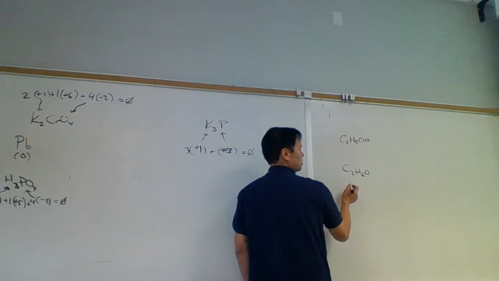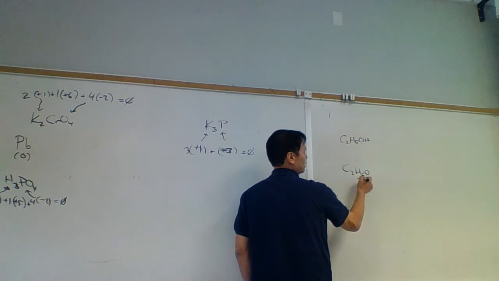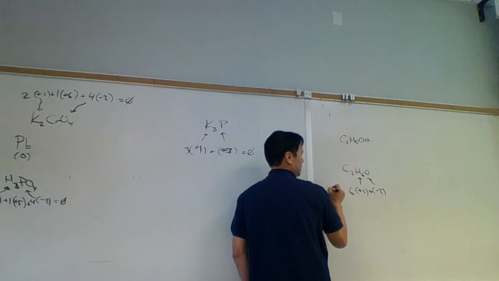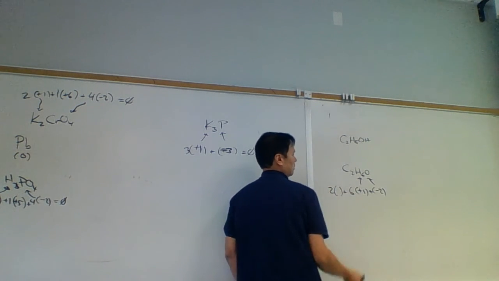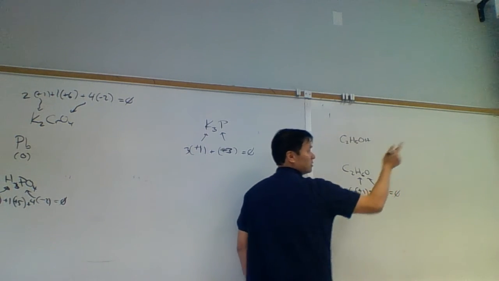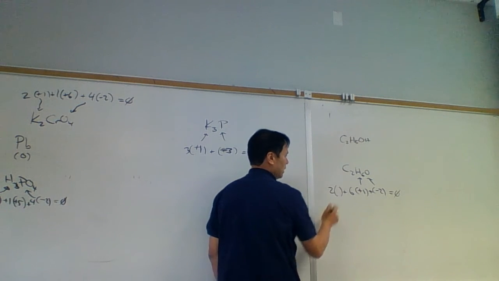And what are the charges? Which one do we do first of these three? H. H is +1. We have 6 of those. And then we do O at -2. And that means C must be, this whole thing has to equal 0.